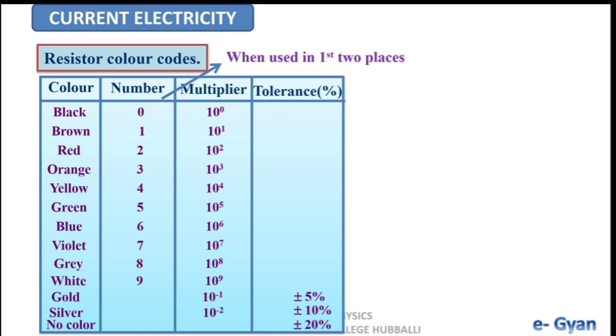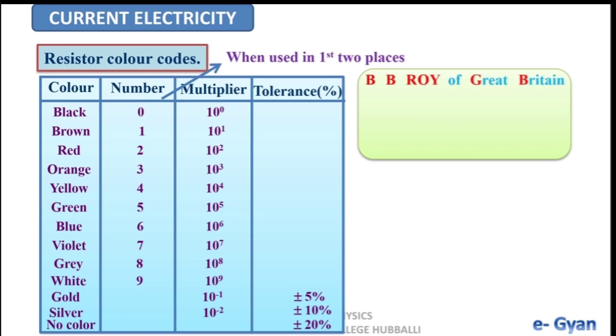The memory tip to remember the sequence of color code resistor is given by this sentence: B.B. Roy of Great Britain has a very good wife wearing gold silver necklace. B.B. Roy of Great Britain has a very good wife wearing gold silver necklace.